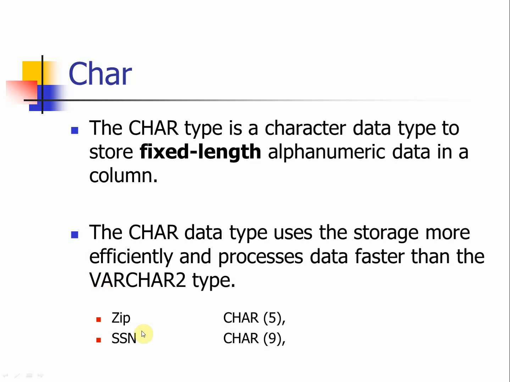So if you know the exact number of characters that you need, you want to use CHAR instead of varchar2. Zip code and social security number are two good examples. Although they all look like numbers, it doesn't make sense for you to do any calculations on those numbers. So CHAR is actually a better way to store those numbers.